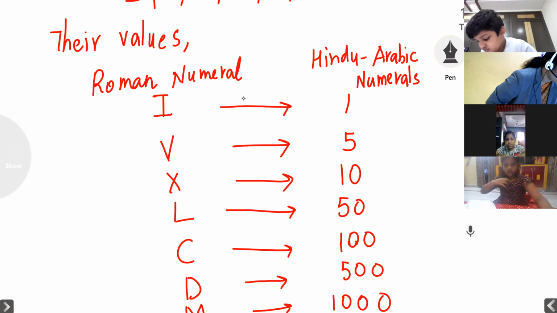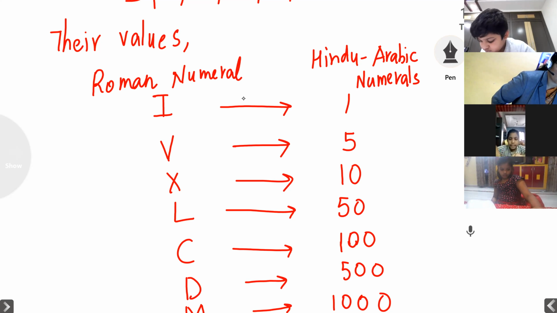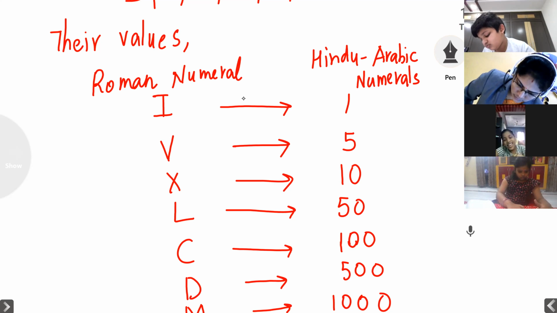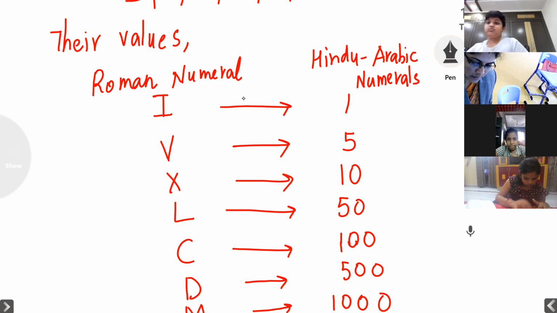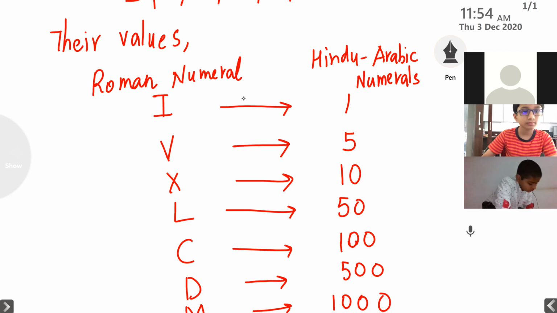Your homework today is to write the Roman numerals from 1 to 39, children. You all know, right? Tomorrow I'll be asking the values also. What is the value of I in Roman numerals? V value, X value, L value, C value, D value, and M value.